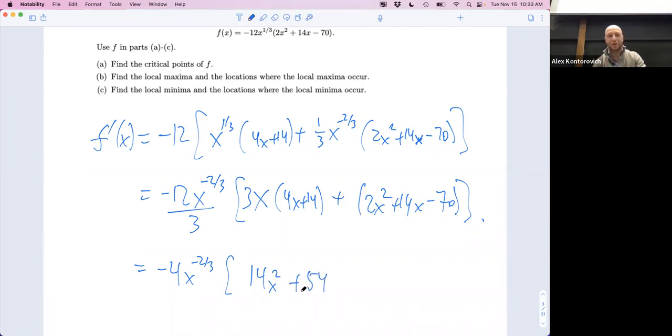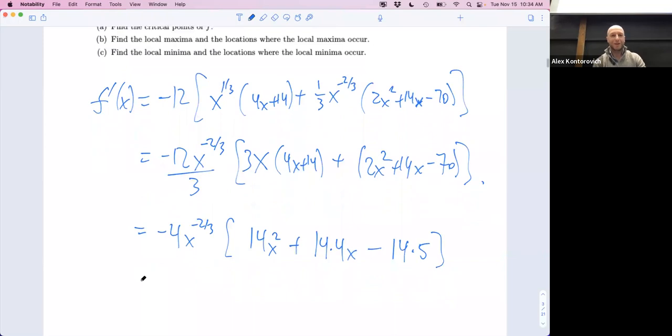Although I do see that I should have left it as 14 times 4, because I have a 14 here. 14 times 4x. And then minus 70. Is 70 14 times something? Yes, it's divisible by 7 and by 2. So it's 14 times 5. That sounds right.